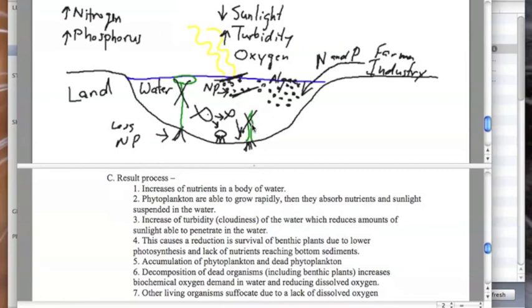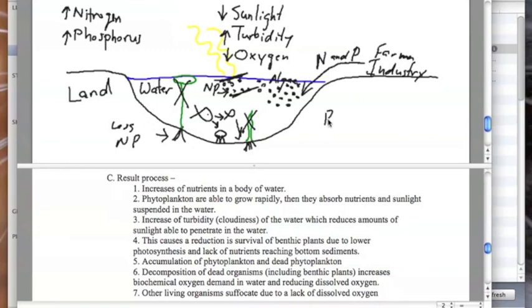As phytoplankton increases and benthic plants decrease, as the benthic plants get killed off, that is going to increase the amount of oxygen it's going to take to decompose these plants. So the amount of available oxygen decreases, but then there's another thing that we need to think about.